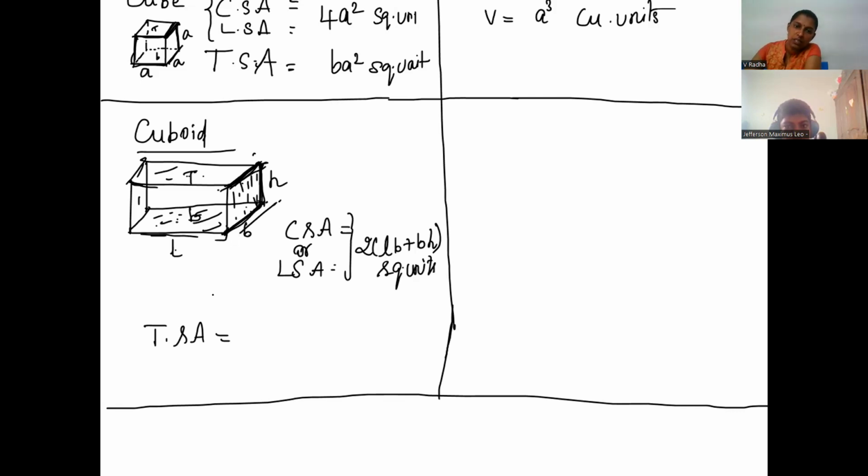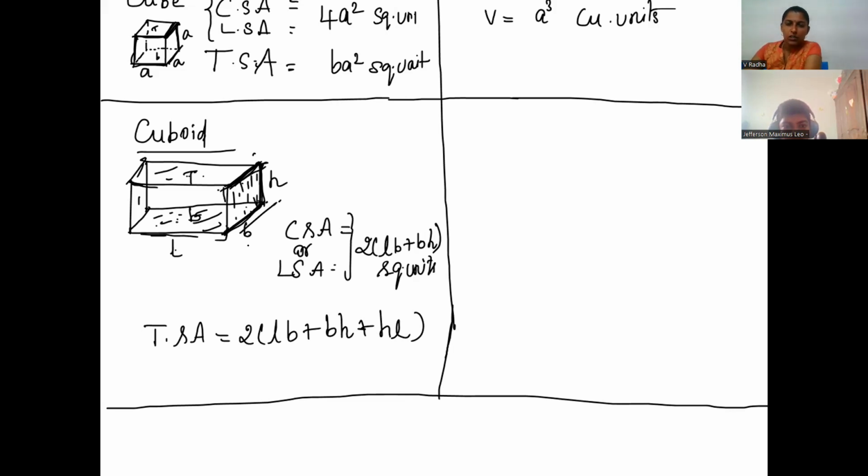One more thing, LB, BH, HL will come. Actually TSA is 2 times LB plus BH plus HL. That is the formula. We take this as H.